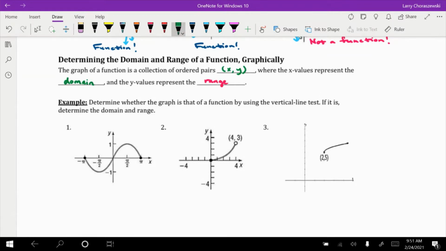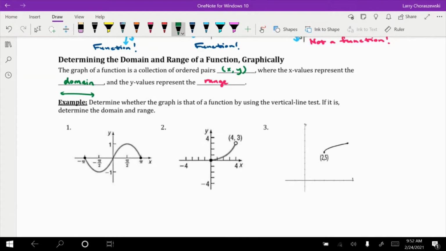Now, geometrically, the domain is kind of like a horizontal measurement of the graph. I'm going to draw it symbolically this way. When we're trying to find the domain, we want to think horizontally. We want to see where's the point that's furthest to the left on the graph, and then where's the point that's furthest to the right.